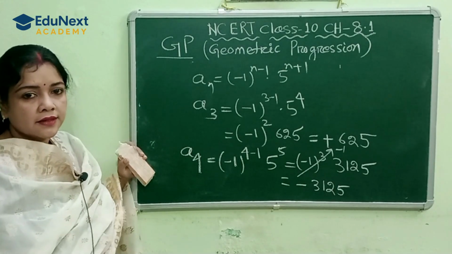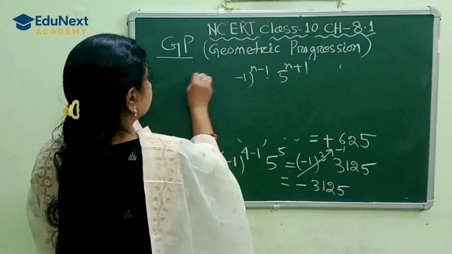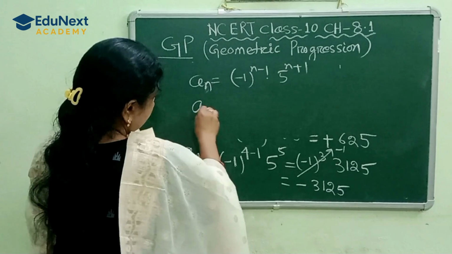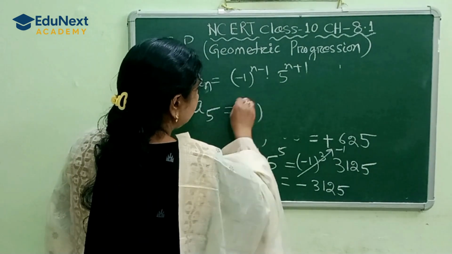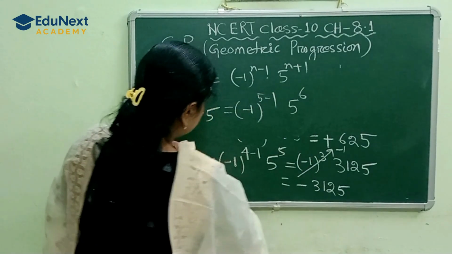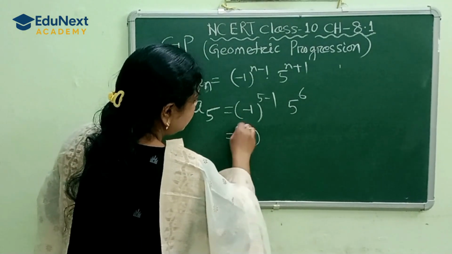Right. Next, we have to find another term, that is a5. So -1 to the power 5 minus 1, 5 to the power 6. This is -1 to the power 4.